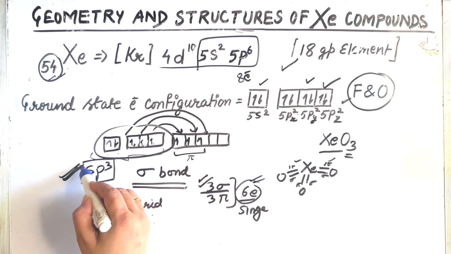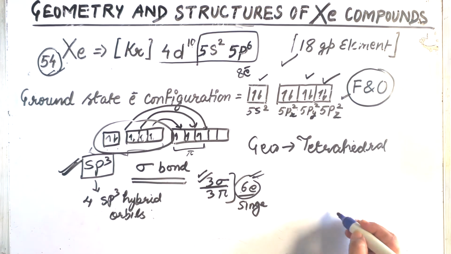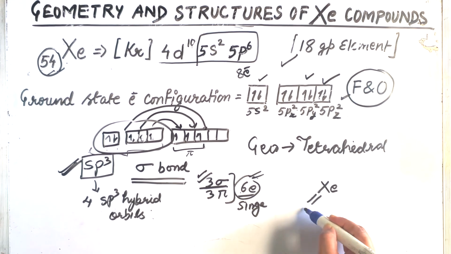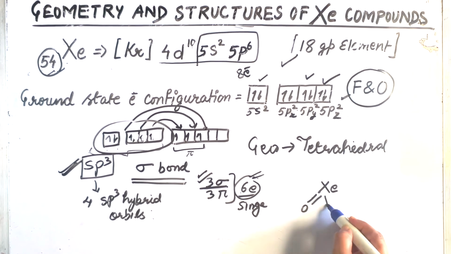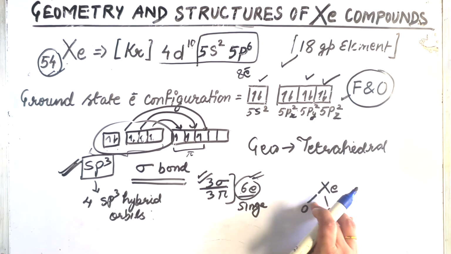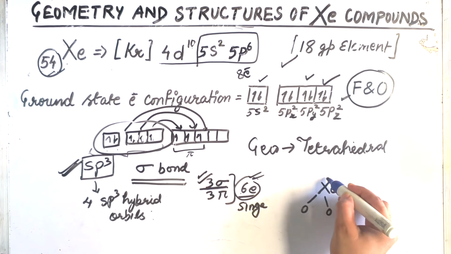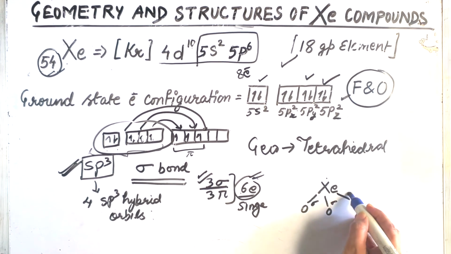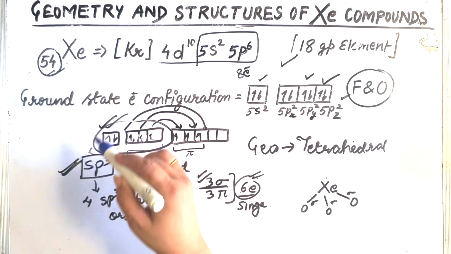So the geometry of the molecule becomes tetrahedral, and we can draw the tetrahedral geometry as Xe, this, one bond with each oxygen. This is a sigma bond. Look at this, how many lone pairs are there?